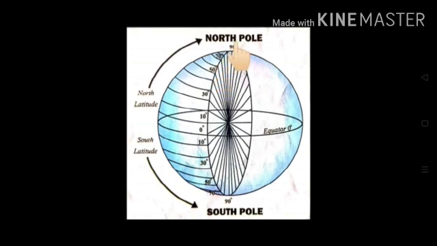Up to the North Pole it is 90 degree. Like the Northern Hemisphere, it is in the Southern Hemisphere also. From 0 degree, then 10 degree, 30 degree, 50, then up to 90 degree South Pole.